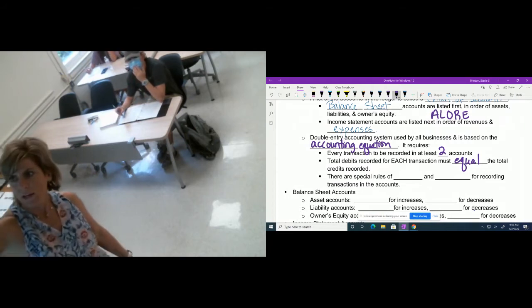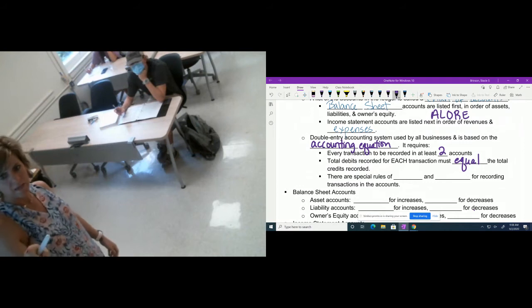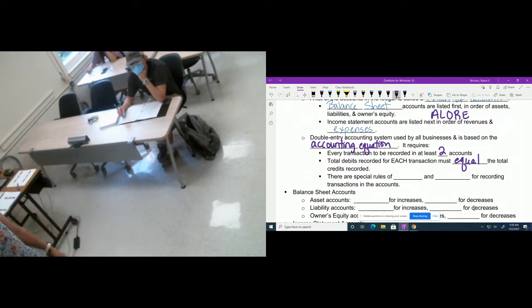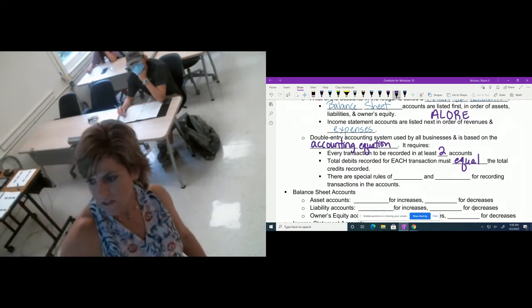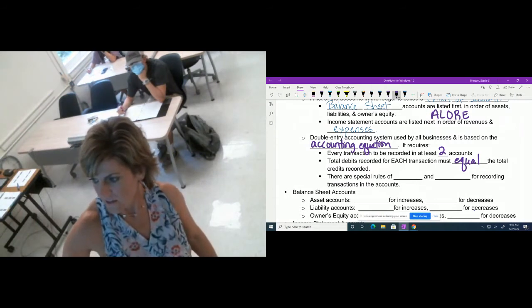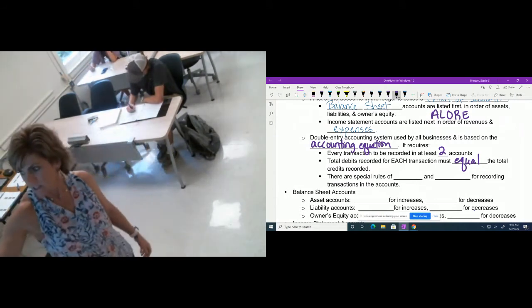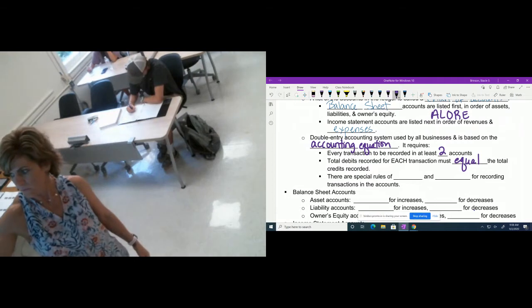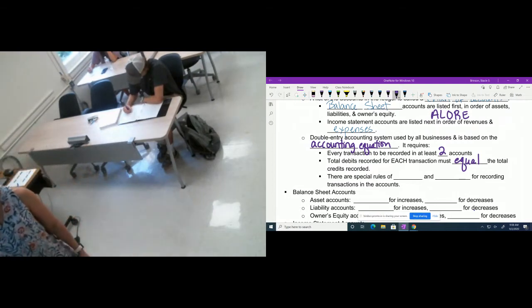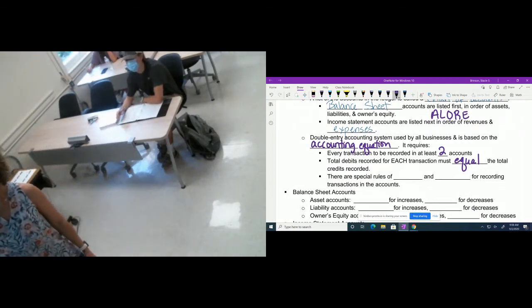So when you have balance sheet accounts, your assets, what increases assets is a debit and it's a credit for decreases. So think about it this way. This is your asset account and this is just general. You've got your debit on the left and your credit on the right.